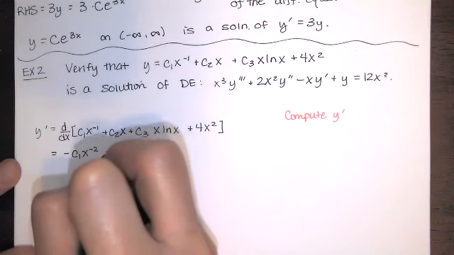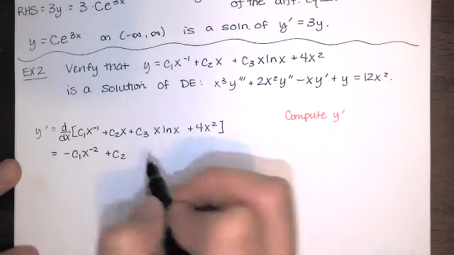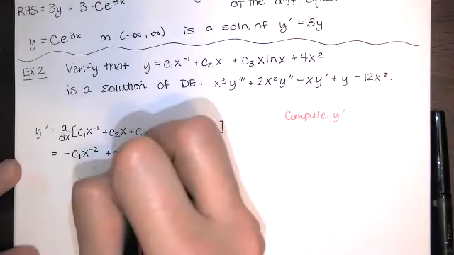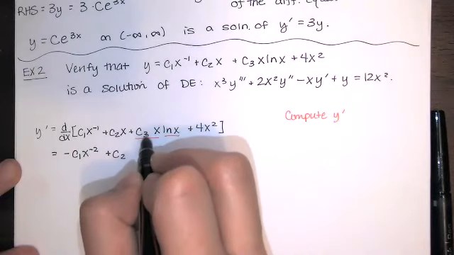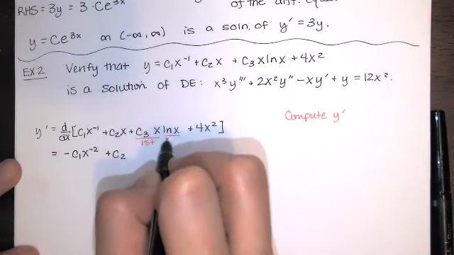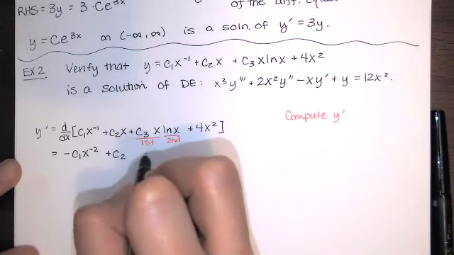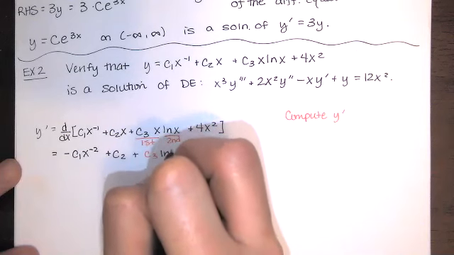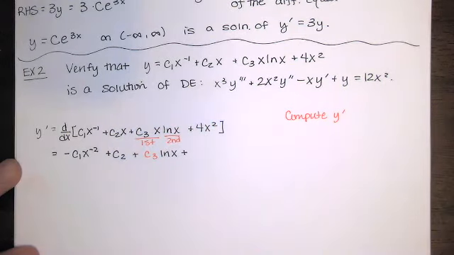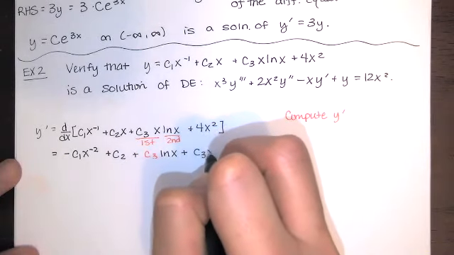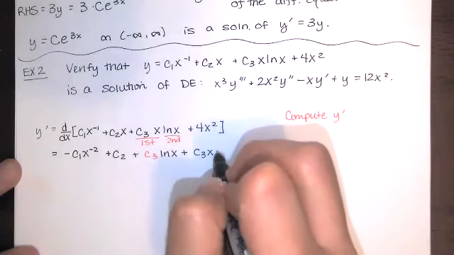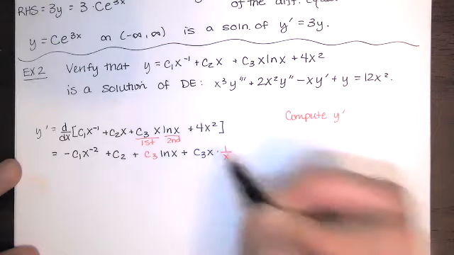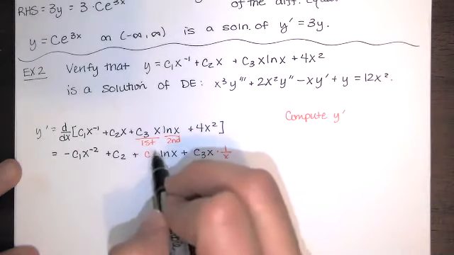The derivative of a constant times x is the constant. Now for this one, I've got to use the product rule. So this is my first function and that is my second function. So we're going to have the derivative of the first times the second plus the first times the derivative of the second. The derivative of the second is 1 over x. So that's the product rule.